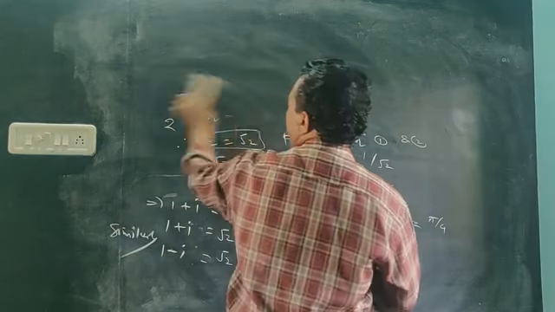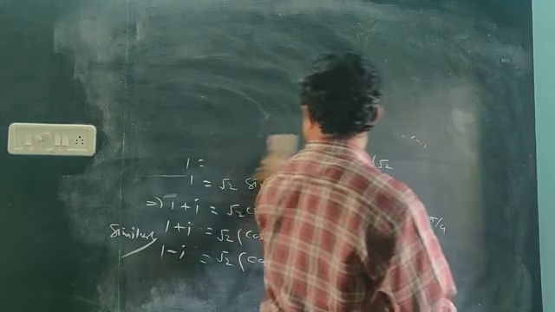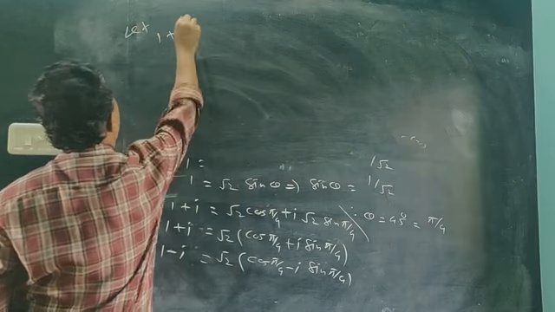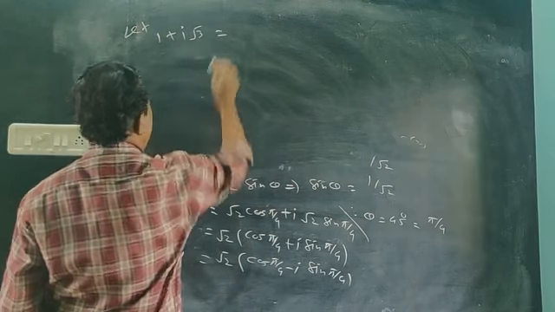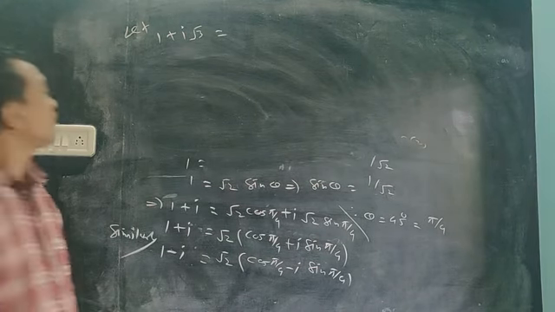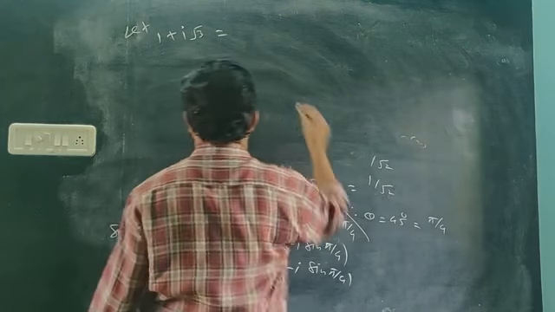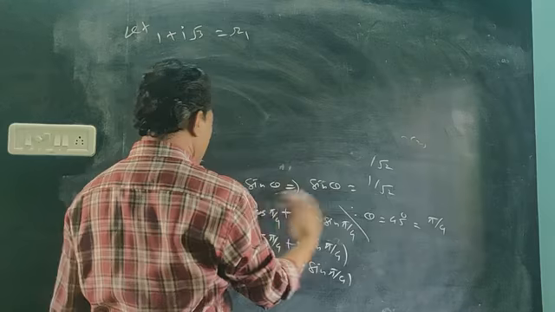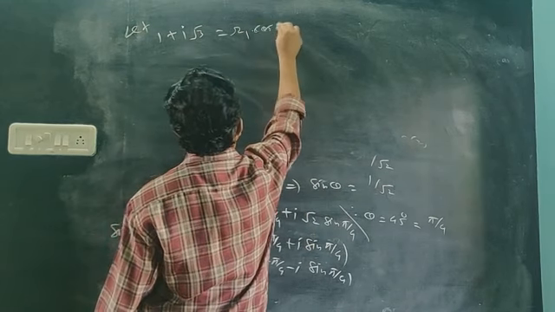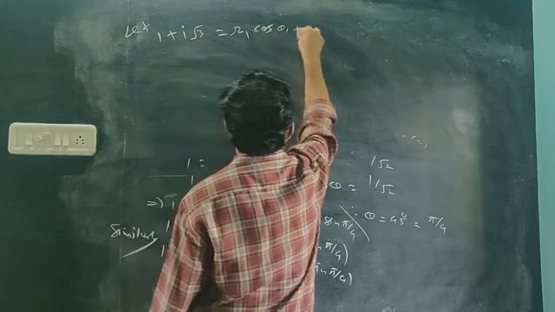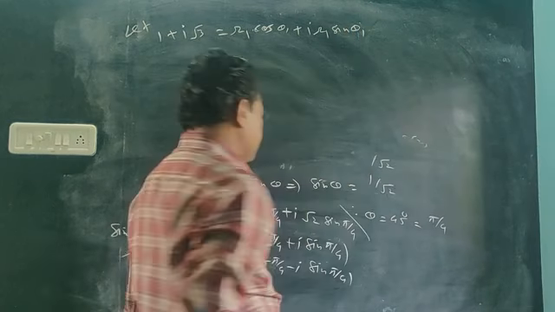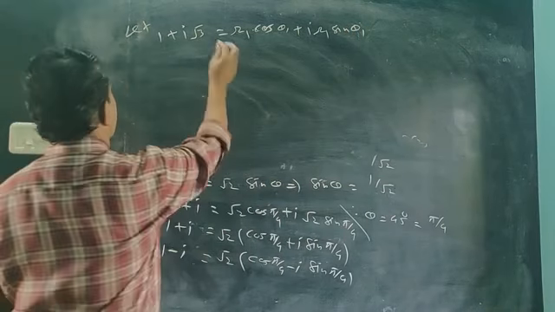Now the same technique for 1 plus i root 3. Same r cos theta. Now we take r1 suppose. Already used r cos theta, so we take now r1 cos theta 1 plus i times r1 sin theta 1. Same steps.